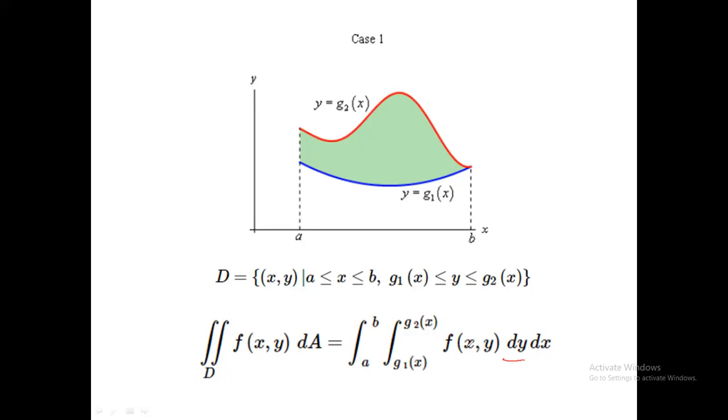When you have your answer already, you substitute to the y variable only these two limits, whatever these limits may be. After that, that's the next time that you do the second integration. You integrate lastly in terms of the x variable. After that, you substitute the limits a to b. That would then represent the area of this green shaded region.